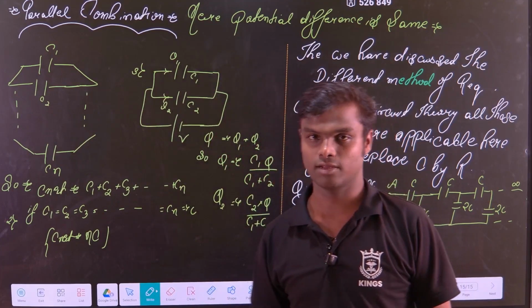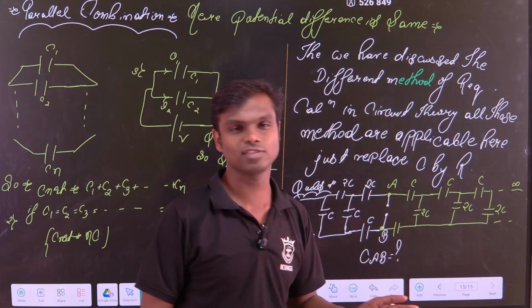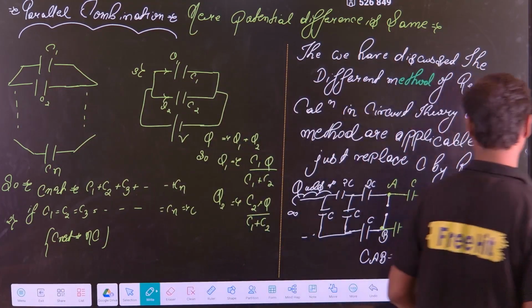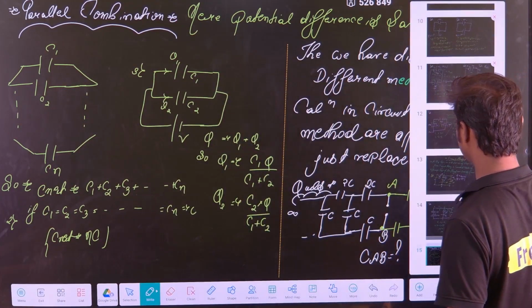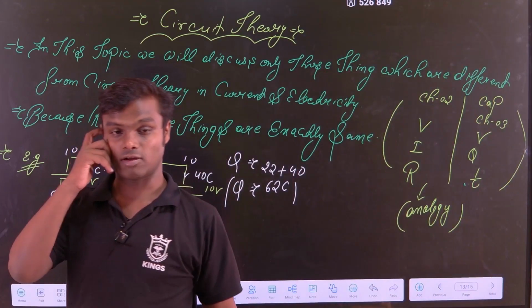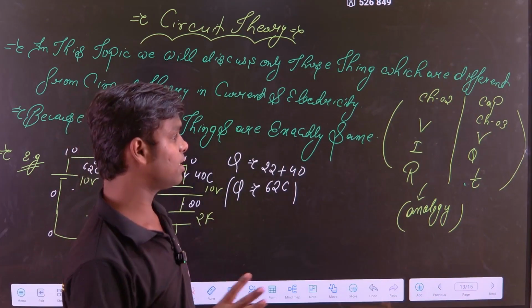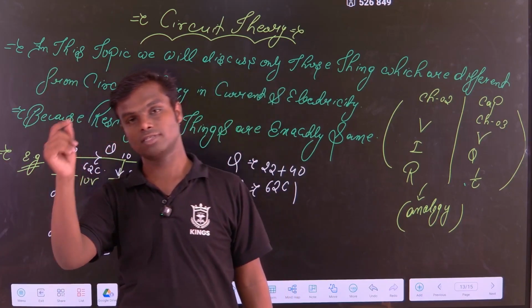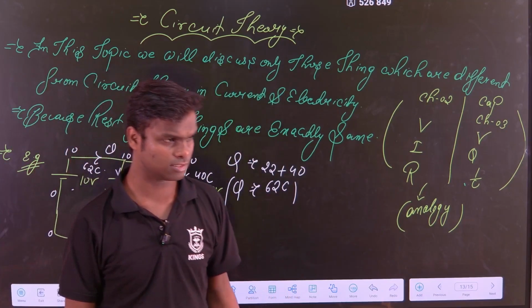No doubt? Clear? Okay, so this is about circuit theory in the capacitor. In circuit theory there is nothing new, because if you remember, I have covered all the concepts in current electricity in very detail. You just take all the examples which we have covered and just replace R by C and calculate all the things, no issue.